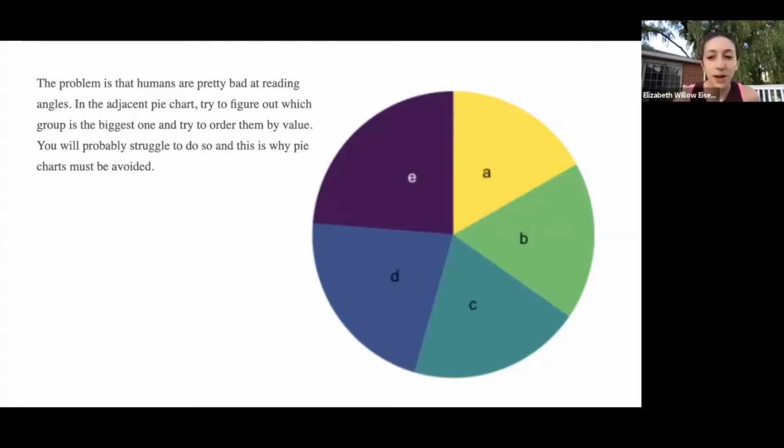So in this chart, it's really hard to tell, for example, whether B or C is bigger, or whether C or D is bigger.